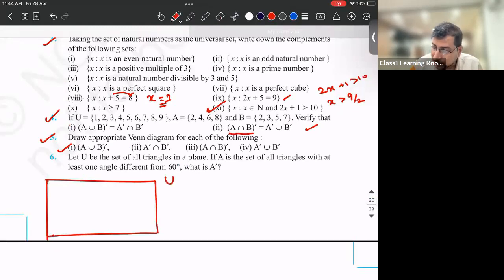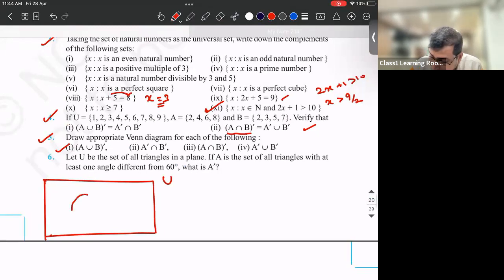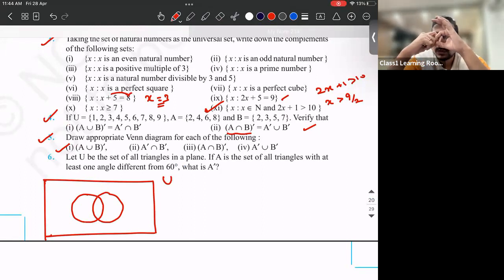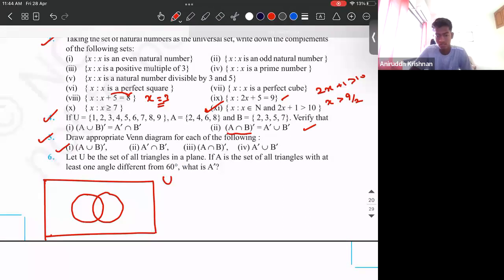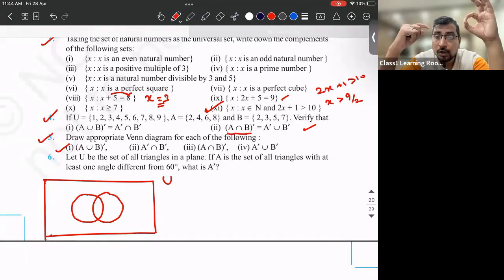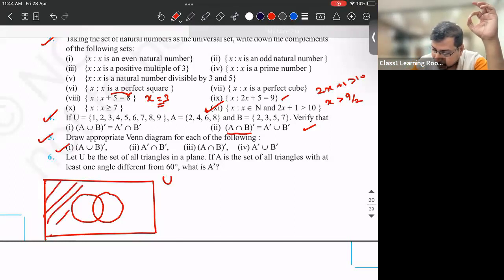So you have the universal set. You have set A, set B. For A union B, which part will you take? You will take everything within the first circle and the second circle. Correct? So for A union B, the whole complement, is it not supposed to be this part?